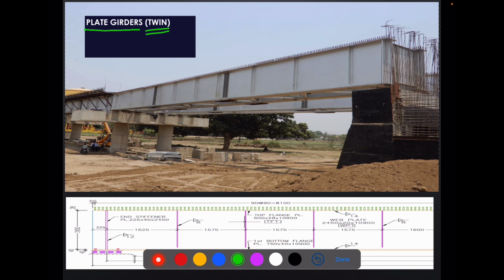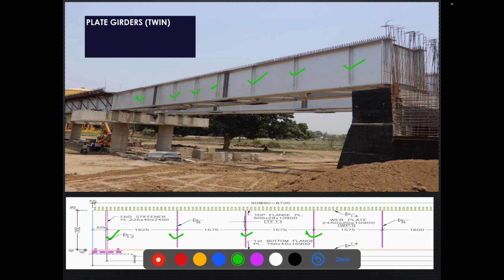Okay. Then on the top of it, we have these shear studs. So you can see here we have these shear studs. Then to stiffen the web, we have web stiffeners like this.